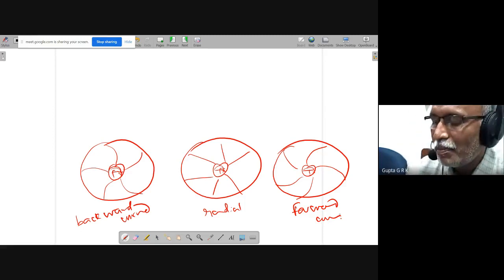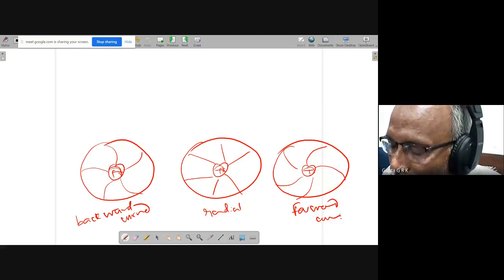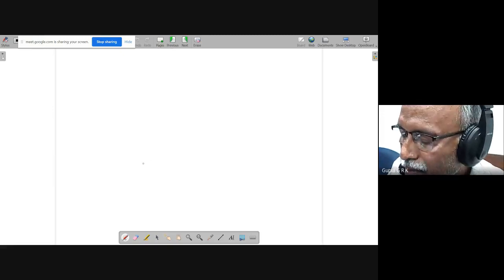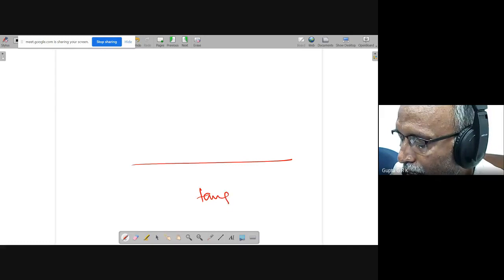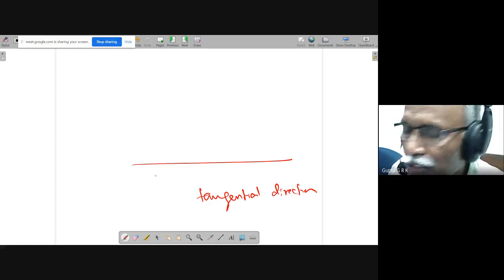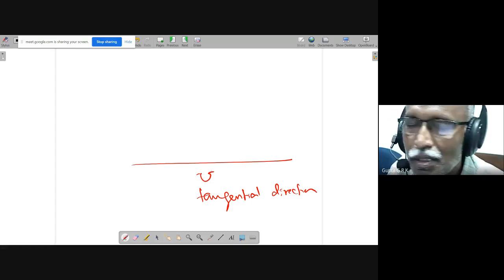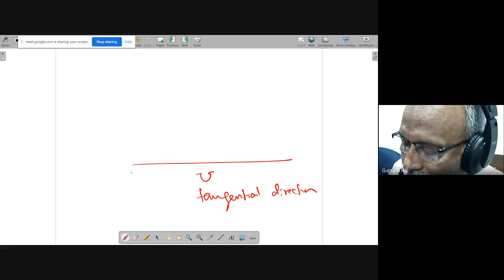Mainly, all people have a problem with velocity triangles. I will tell you some tips for the velocity triangles. All velocity triangles will have a base. The base of the triangle represents the tangential direction, and u will be in the tangential direction only, because the blade speed u is always in the tangential direction.